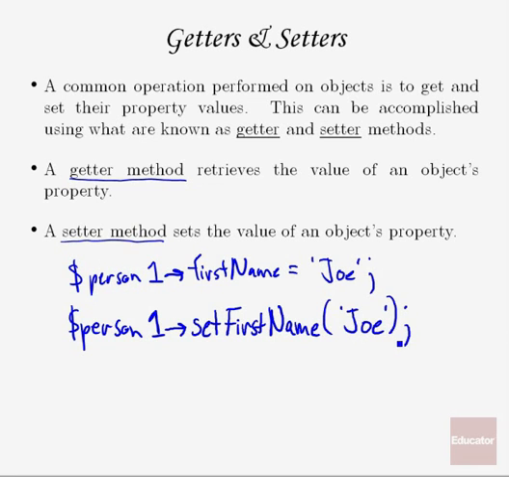If this is a setter, it's going to take this value Joe, and then within the class definition, it's going to set the value of the first name property by using the this variable. We're going to see that in a second. One of the main reasons I'm demonstrating this is it shows how you can use the this variable to not only return and access property values of an object, but also to set them.